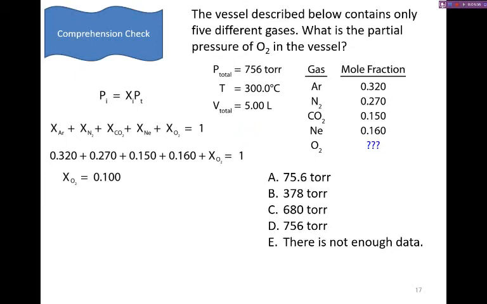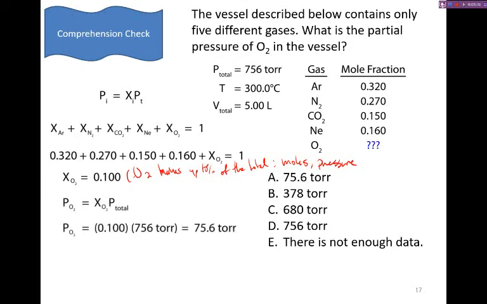Or in other words, oxygen makes up 10% of the total. That's both in terms of moles and in terms of pressure. So to find the partial pressure, we multiply that mole fraction by the total and get 75.6 torr.